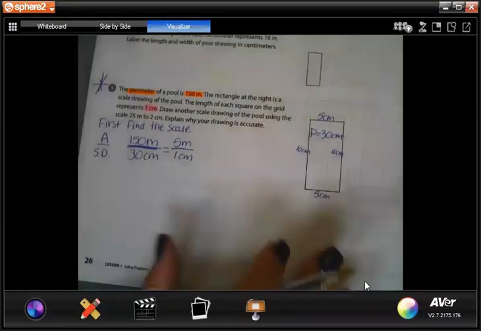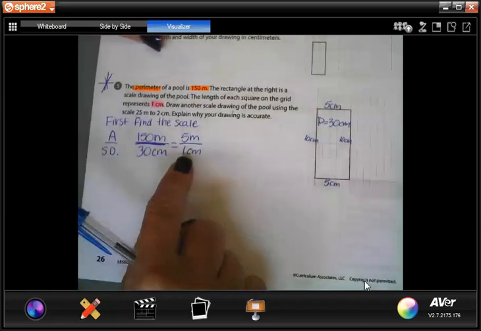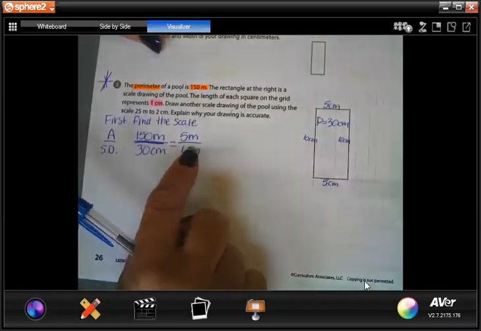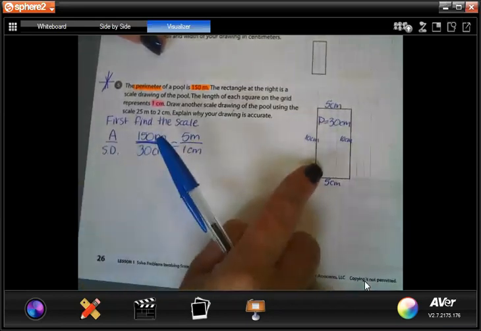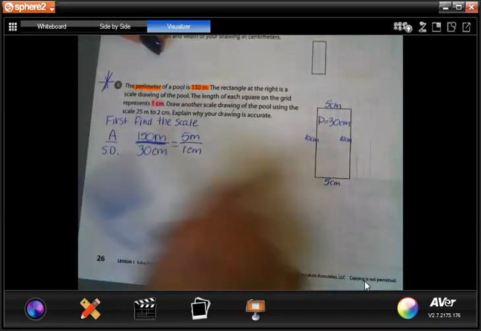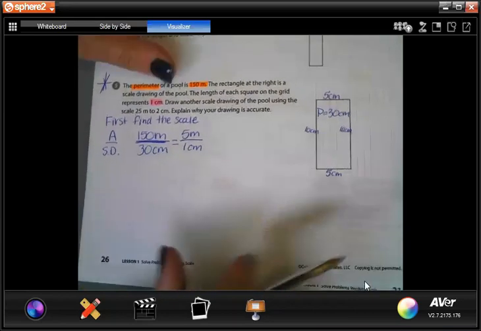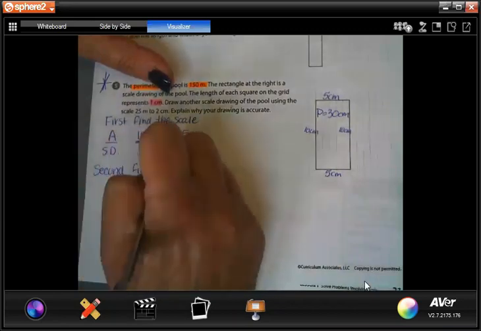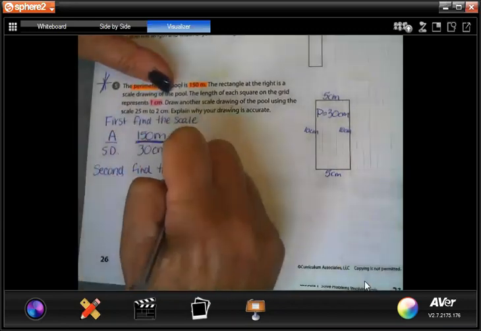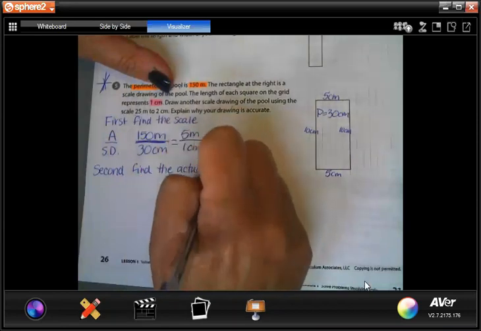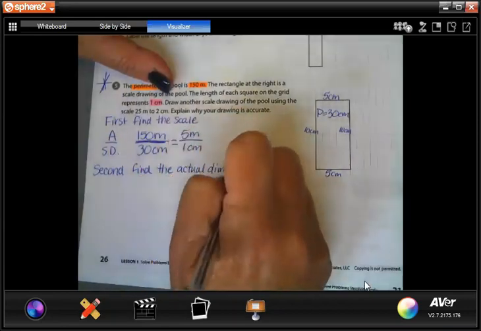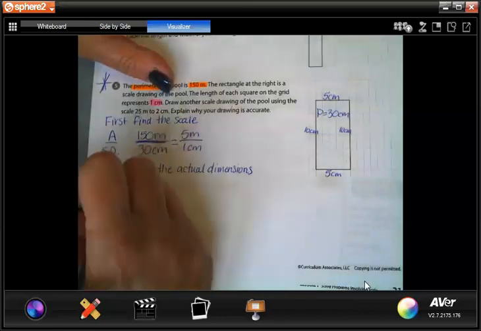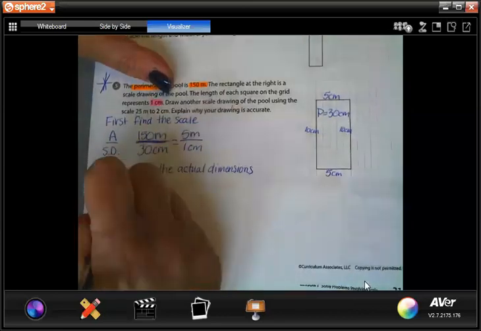All right, so now that we know our scale, we're going to find the actual dimensions of the pool, because we're going to need those to draw our new scale drawing. So second, we're going to find the actual dimensions. To do that, we're going to use our scale. 5 meters is to 1 centimeter.